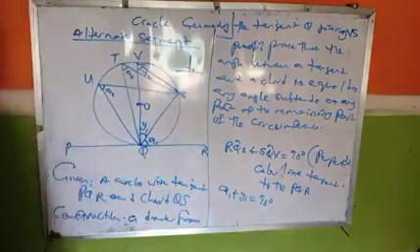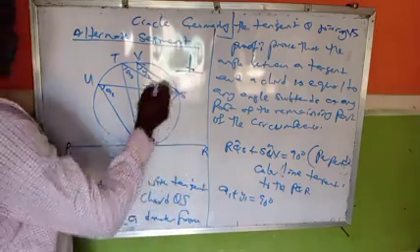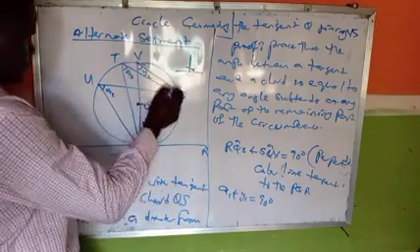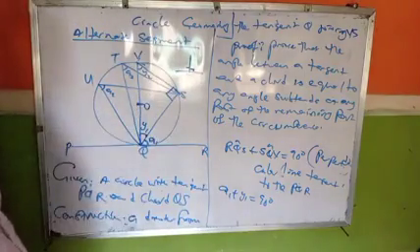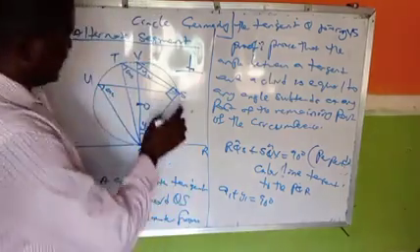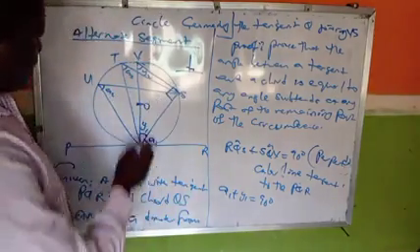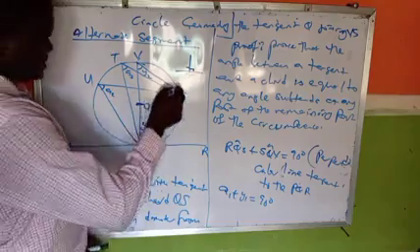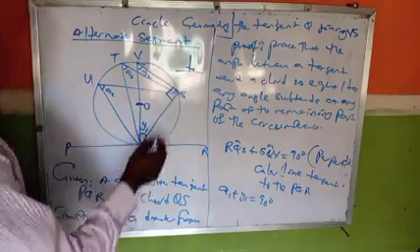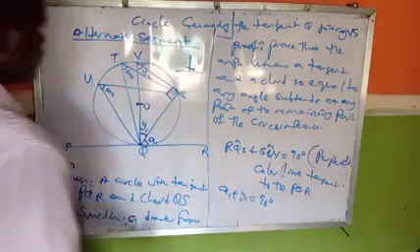Again, look at another thing. This is a diameter, so this place is an angle at the semicircle. We have proved that angle at the semicircle is 90 degrees.